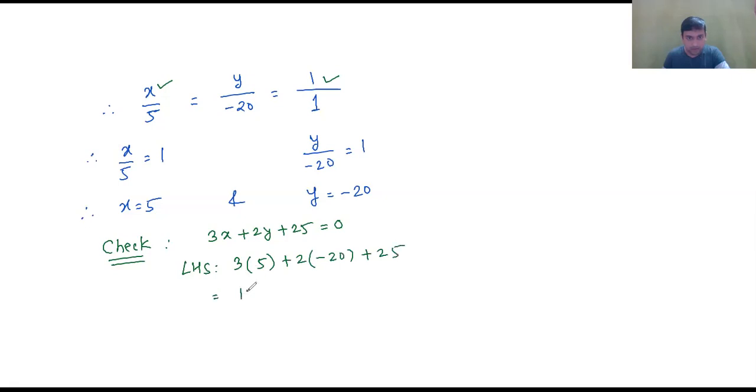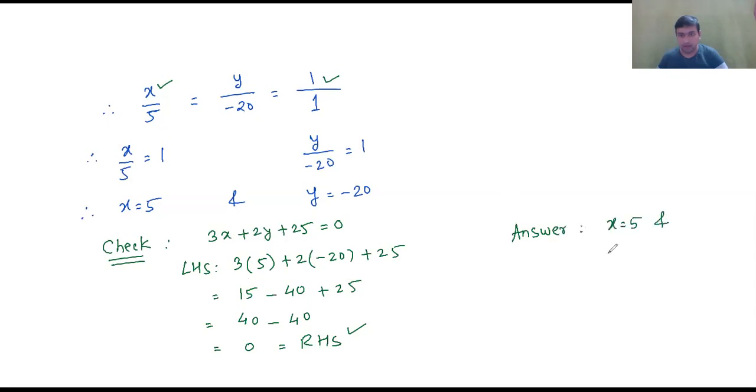So this is 15 minus 40 plus 25. What is 25 plus 15? 40, minus 40, which is equal to 0, which is equal to RHS. So the check is also clear, right? So your answers will be x is equal to 5 and y is equal to minus 20.